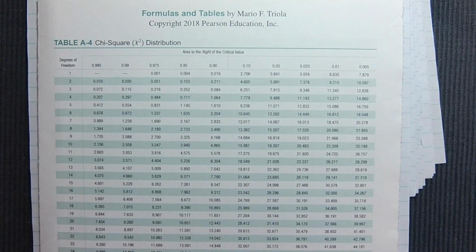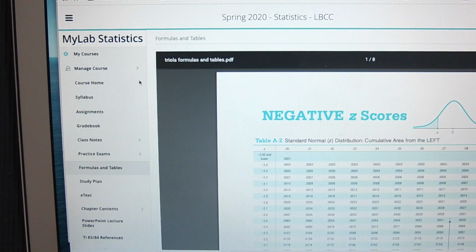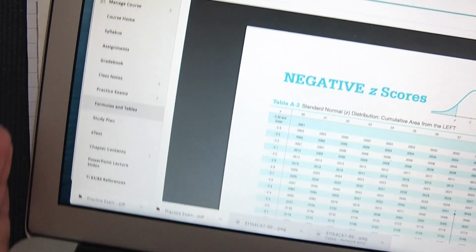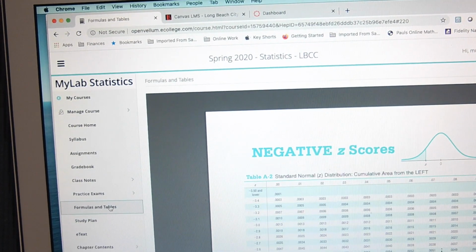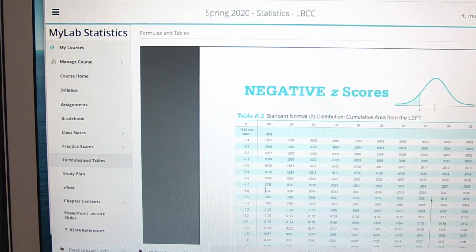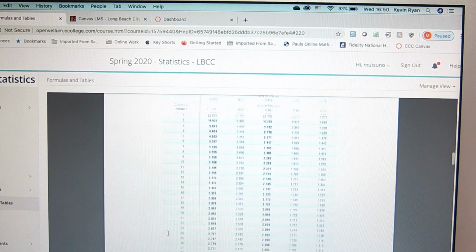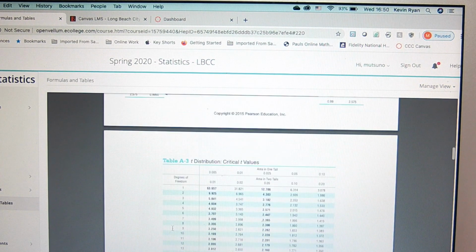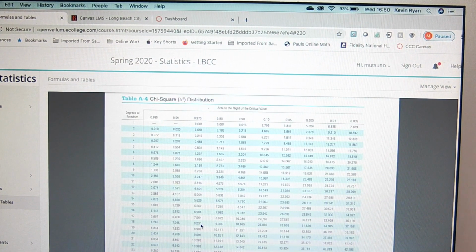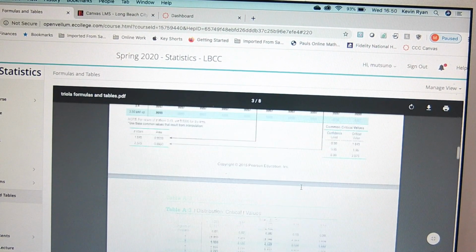Go here, my math lab. Did you see it right here? It's called formulas and tables. When you click, all the charts you need are right here. So you can find it, or you can access the chart right here. Then here's the chi-square chart.